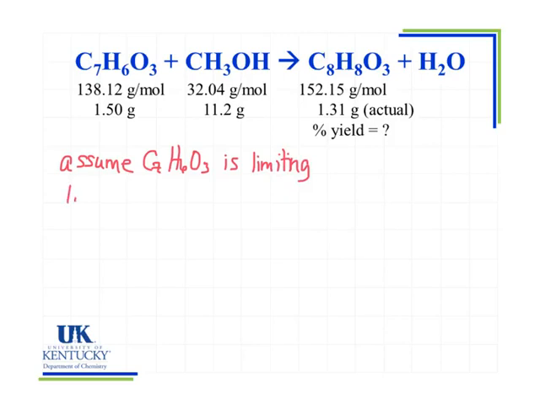So we're going to say 1.50 grams divided by our molar mass, 138.12 grams per mole. And again, I'm putting the grams on the bottom so that the units will cancel out correctly.